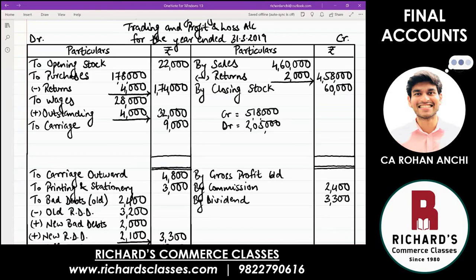So I got the debit amount different. What is the debit amount? I got it as 2,37,000. Yeah, it is 2,37,000, not 2,05,000.